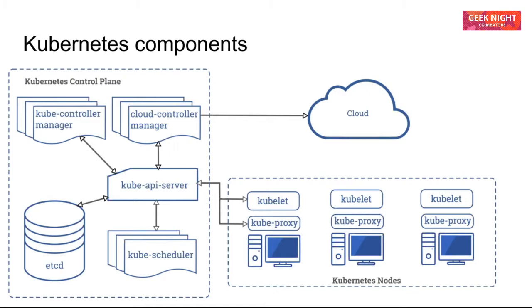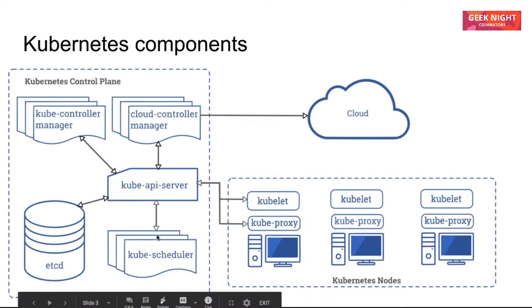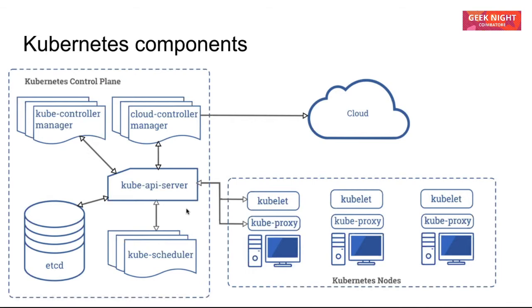They always try to move the actual state towards the desired state. So that's the job of Kubernetes controllers. We also have a scheduler to schedule the jobs, and we have cron kind of usage that we can have in the control plane using the schedulers.